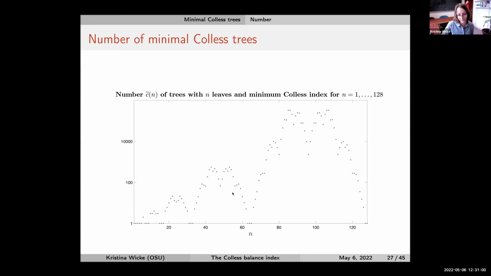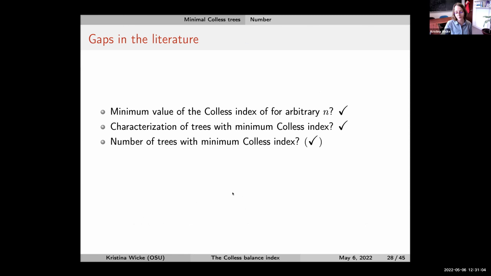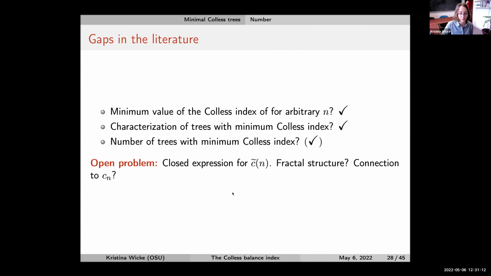Okay, so this however leads in fact to an open problem, because currently we only have the recursion for the number of trees with minimum Colless index. However, an open, interesting question would be to ask whether we can find a closed expression for C tilde of n, and then to analyze if this seemingly fractal structure is really a fractal structure or maybe just an artifact of something.